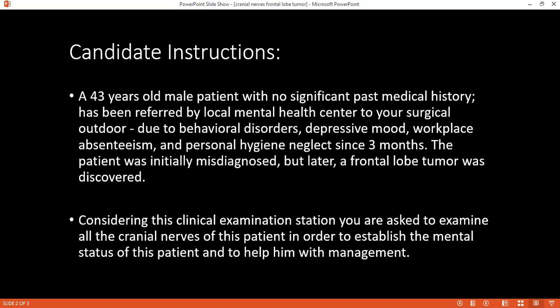What management would you suggest for this patient? Transsphenoidal or transnasal surgical excision of the tumor.